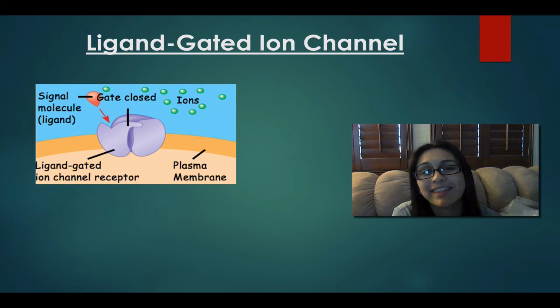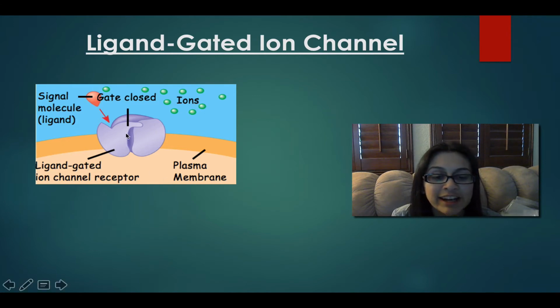All right, next we have ligand-gated ion channels. And with the ligand-gated ion channels, notice this is also a cell membrane protein receptor. You're going to have a ligand that's going to bind to the receptor. It's gated. Part of the protein basically closes off, not allowing any ions to flow through it.